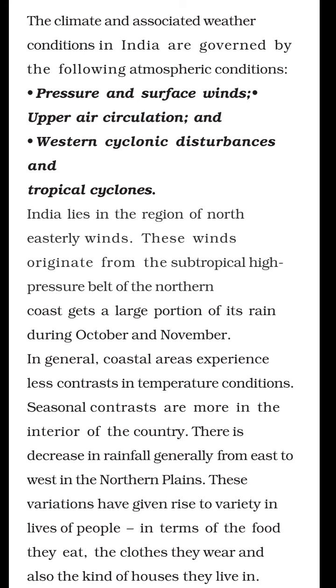Western cyclonic disturbance and tropical cyclones were famous in this area. These winds disturb our climatic features because the air pressure reduces and a vacuum is created in our land areas. So these cyclones come and have a devastating effect over the areas where they hit.